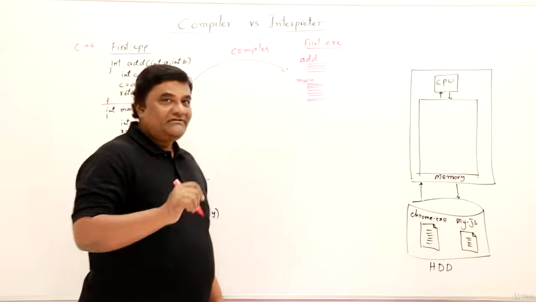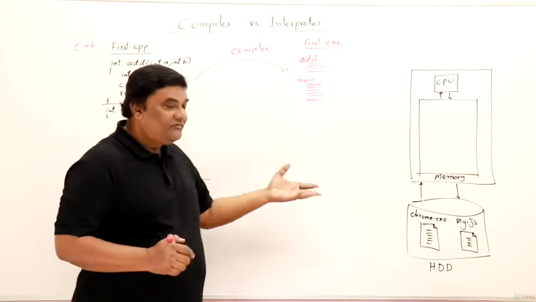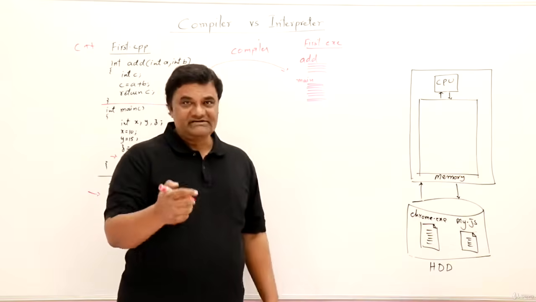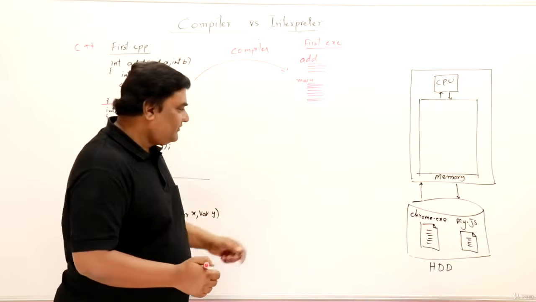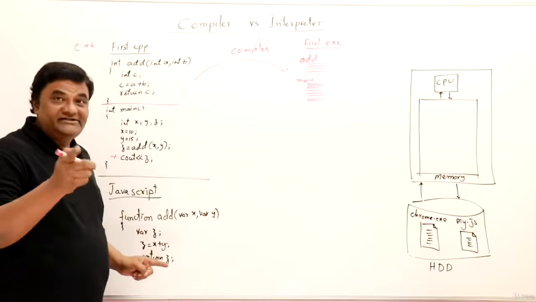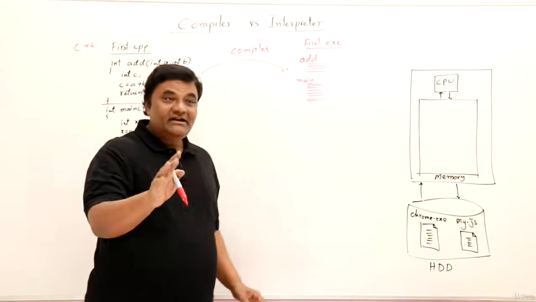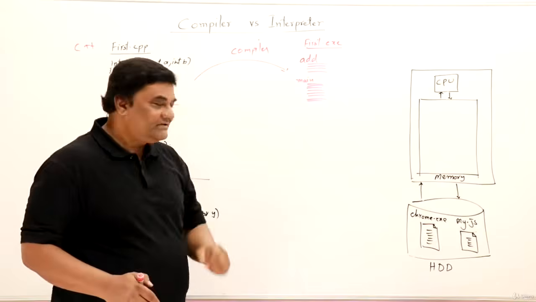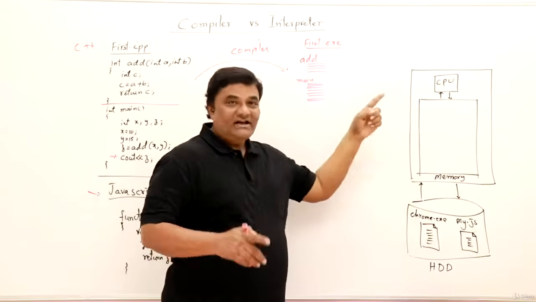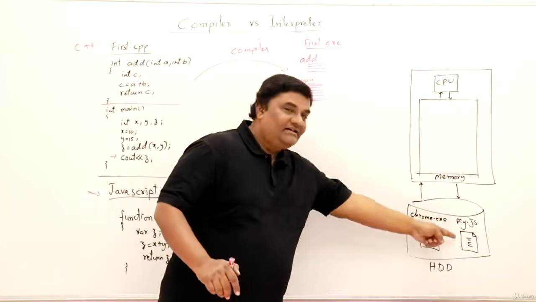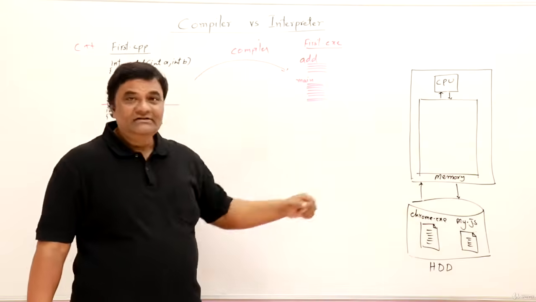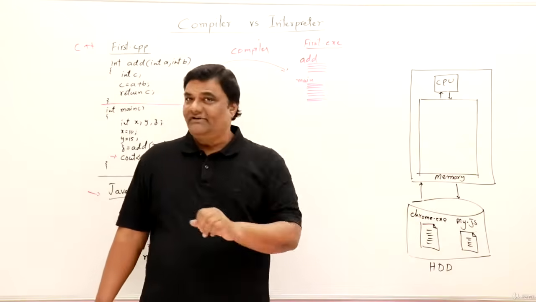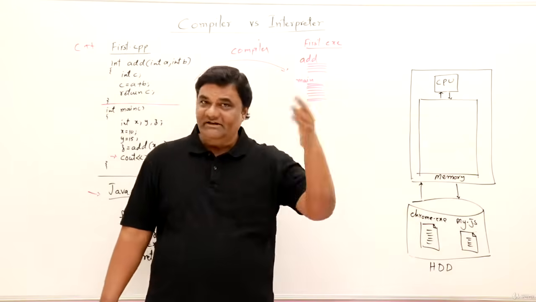Now, how does this JavaScript work, how does Chrome work as an interpreter for JavaScript? Let us see. First of all, for execution of this, I am not saying translation or anything. Directly I am saying execution, the third step. Remember this. I have to run Chrome, and inside Chrome, I can run that JavaScript. So I can open that file in Chrome. Usually we don't open the file from the local machine. We get the pages from the internet.